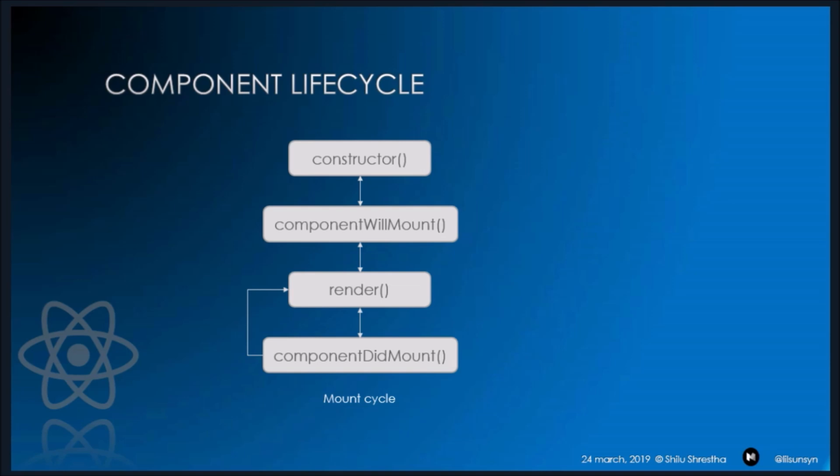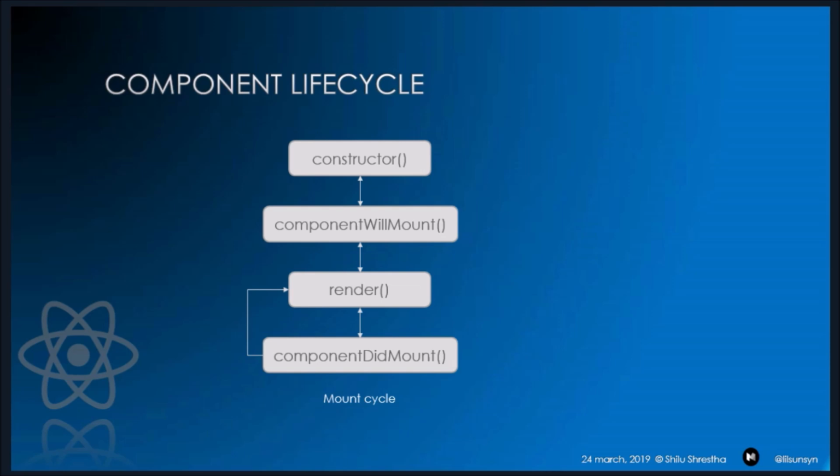Component will mount is called before our view is about to render, right after our constructor is called. Then render is called, and then component did mount is called. This is called once, only during the mount cycle.